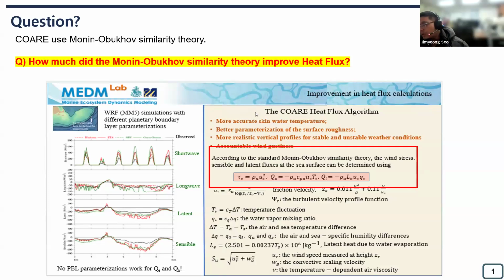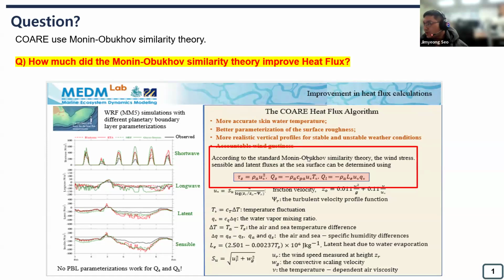So can you see my slide? Yeah. My main question is about the CORE. You showed slide 7, the CORE used the modeling of curve similarity theory, and you showed slide 8.